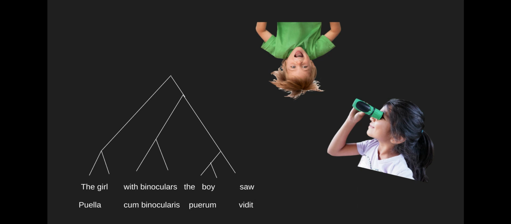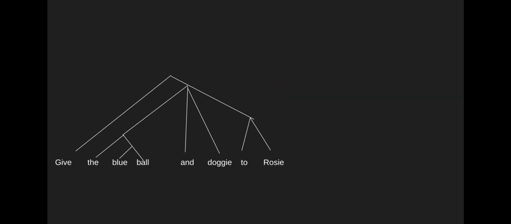And if you know maybe some other languages like Spanish, for example, you realize, oh yeah, I kind of already knew this. So if I say a sentence like "give the blue ball and doggy to Rosie," that's how I would say it in English. If you know any Spanish, oh yeah, in Spanish, the words come out pretty much just like English. They're just pronounced a little differently. And generally, though, the adjectives come after the nouns in Spanish.